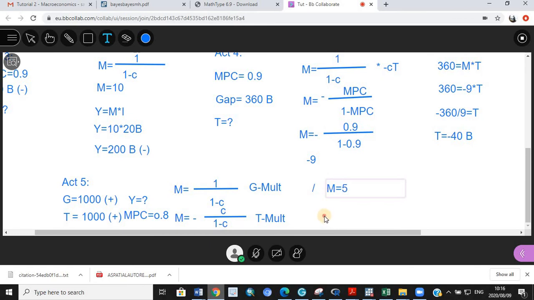And here we will have M equals 0.8 divided by 1 minus 0.8, which is 0.8 divided by 0.2. This is 4. It's minus 4. Okay, very good. Let's move forward.